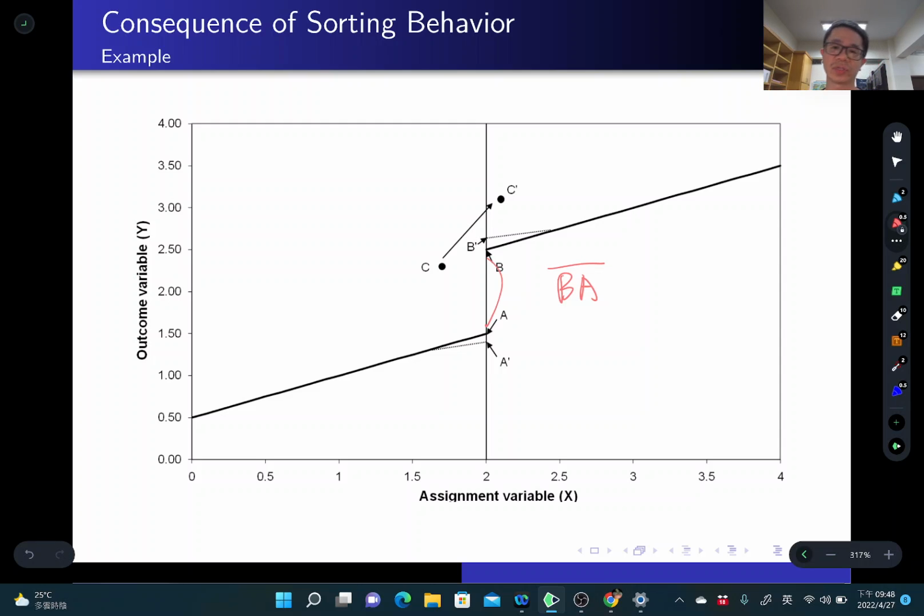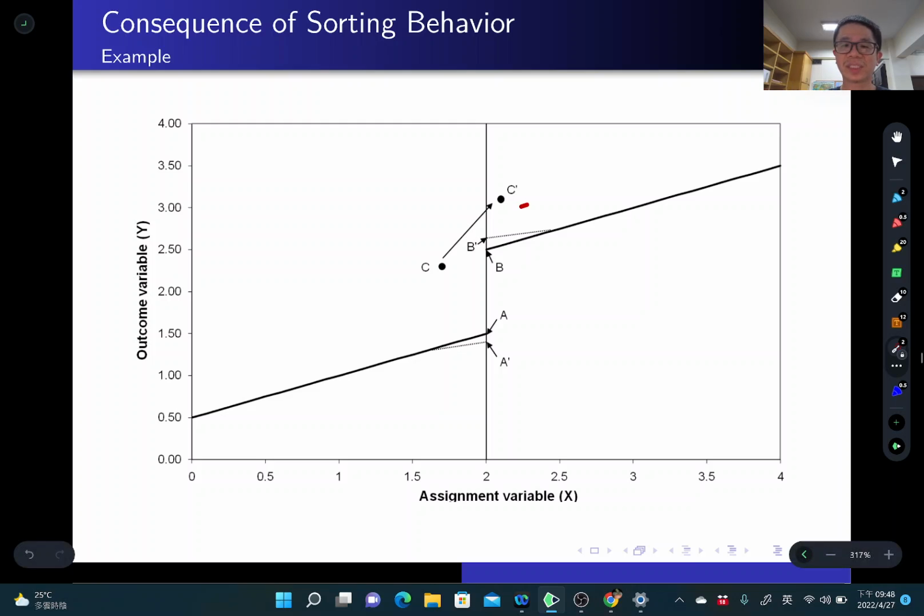Is the discontinuity. Okay. But what if they can change whether they are staying below the cutoff or above the cutoff? If C changes to C prime, that will make your RD estimation change.